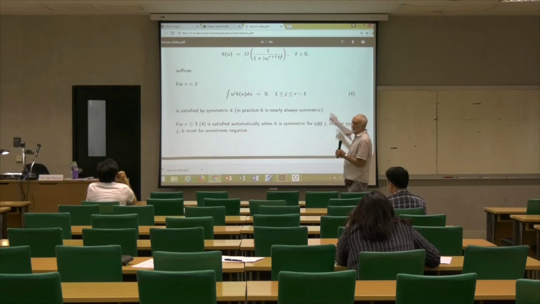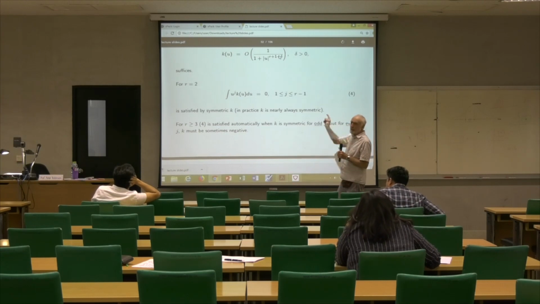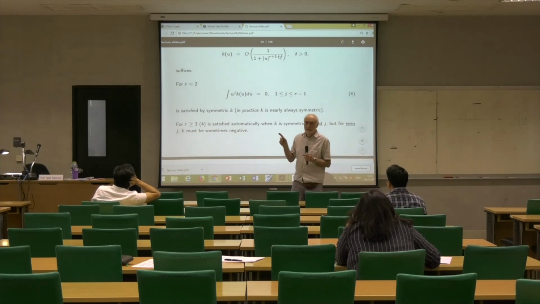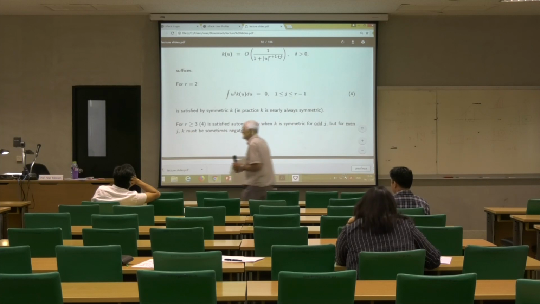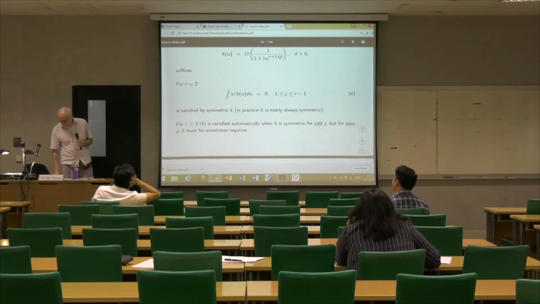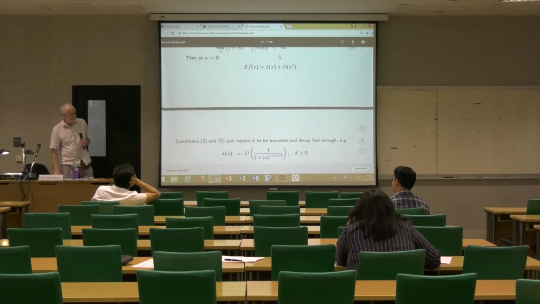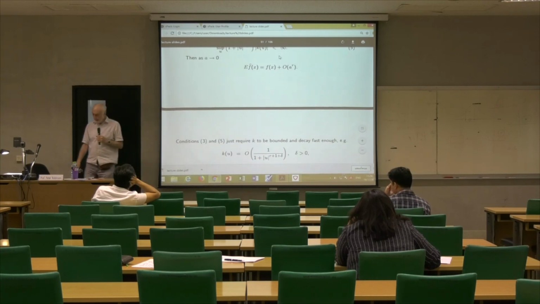So this condition is really innocuous. But if you're only choosing r equals 2, so you'll just want to say, well, r is twice differentiable, then you're not really doing anything special. In other words, you're getting a result that the bias is order a squared, which is better than just going to 0. Not much better, but it's a bit better.